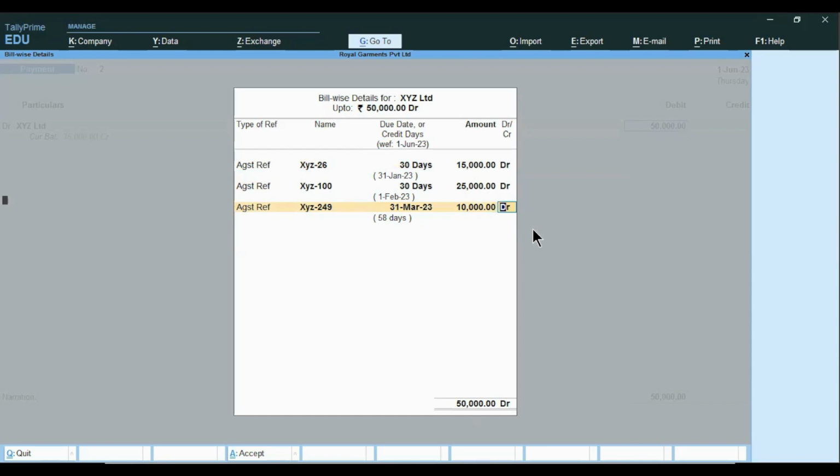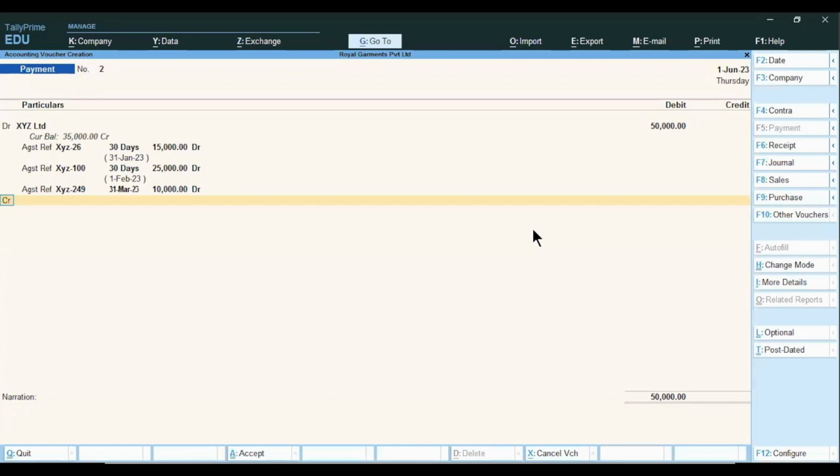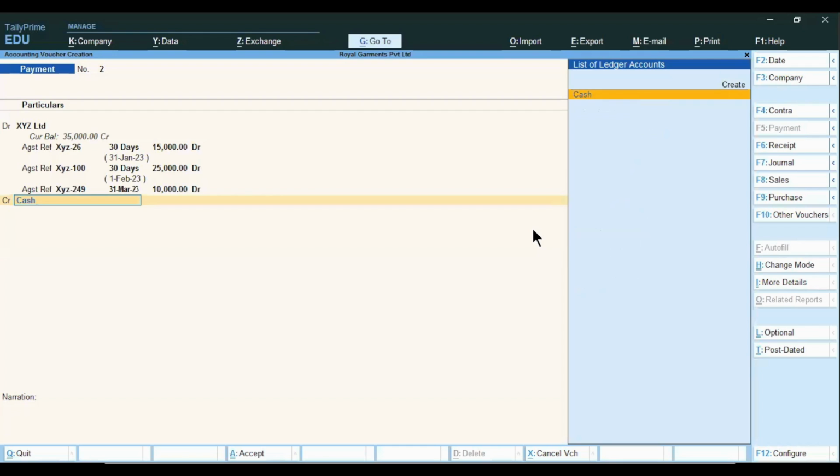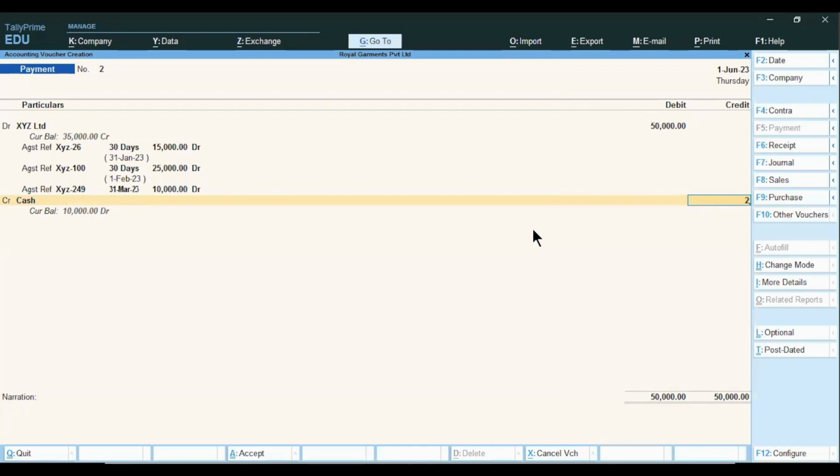Enter. Here we will combine the entry also. Suppose we have paid this 50,000 in cash. So credit will go to cash of rupees 30,000. We paid cash 30,000. Enter.